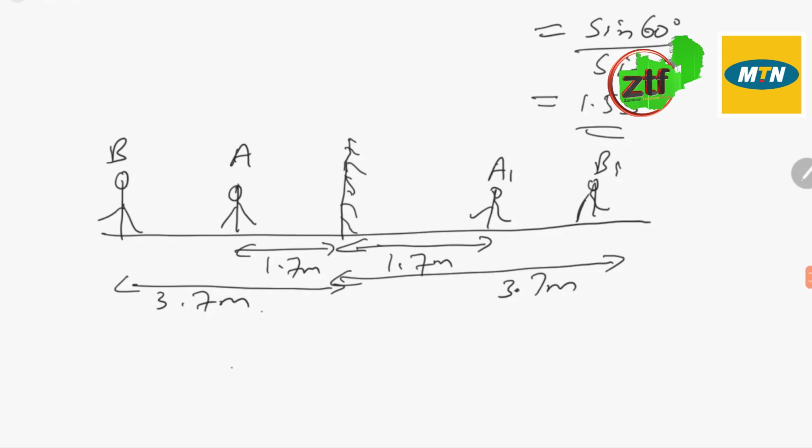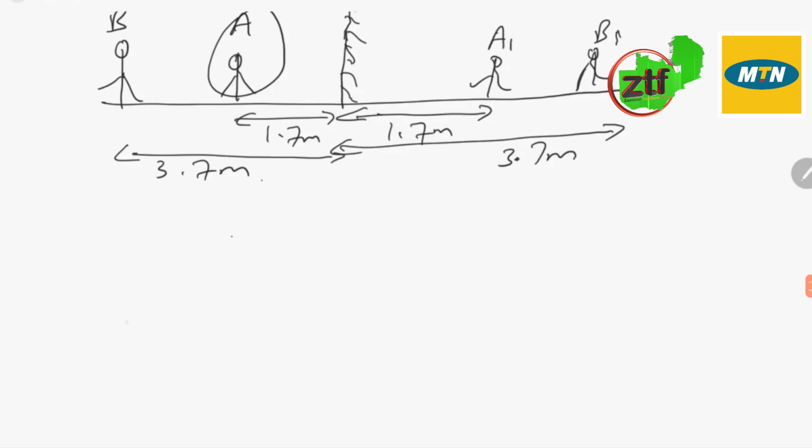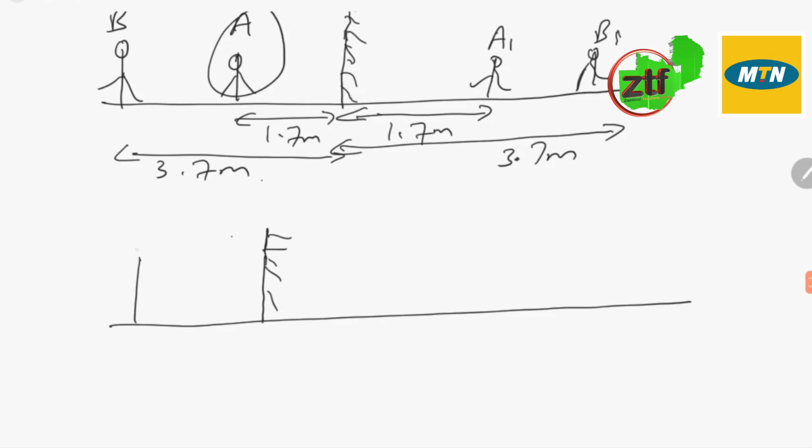What they are saying is, if object A is removed and the mirror moved to where object A is, so that means that we draw another scenario here where A was, we put the mirror, and then I think that where B was remains there.